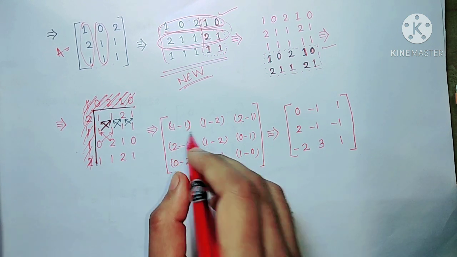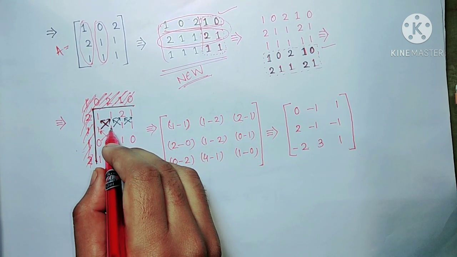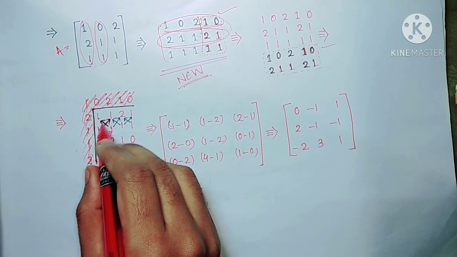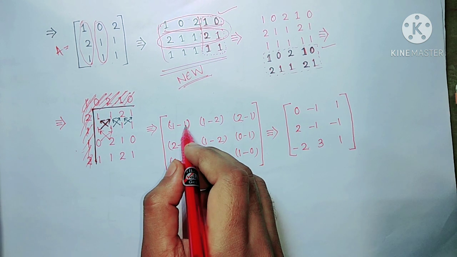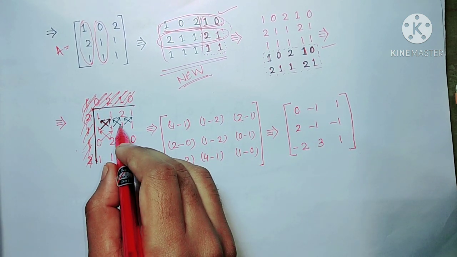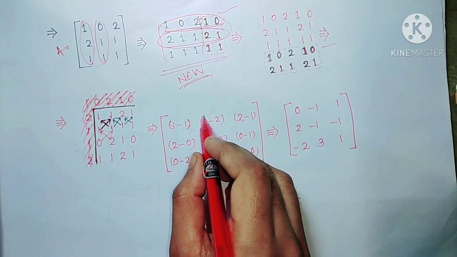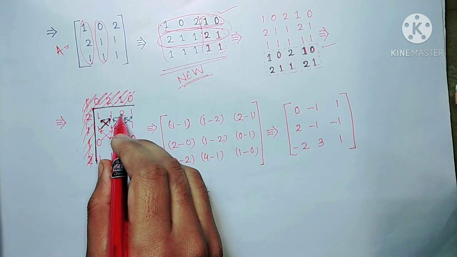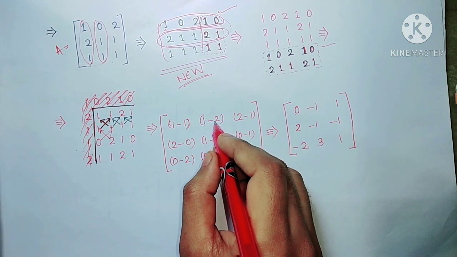So 1 into 1 equals 1, then minus 1 into 1 equals 1. So 1 minus 1 equals 0. Then 1 into 1 equals 1, and 1 into 2 equals 2, so 1 minus 2.